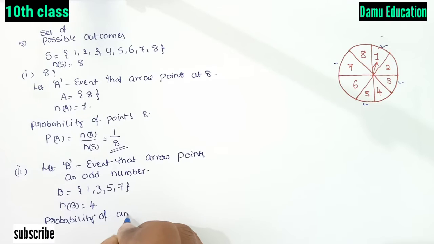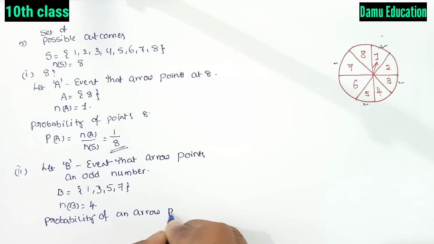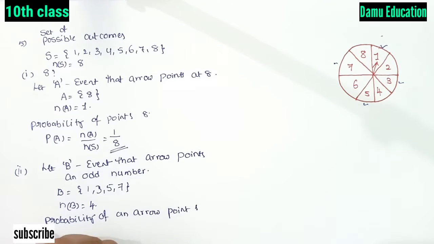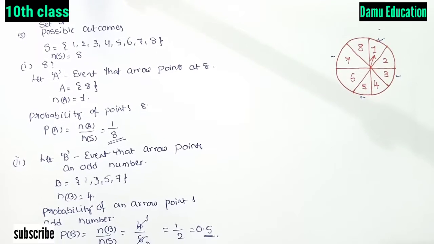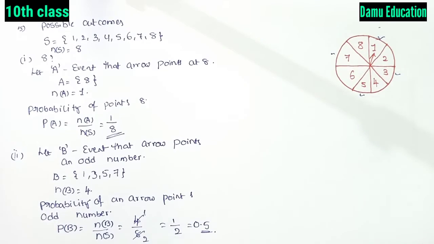The probability of the arrow pointing at an odd number, P of B, is n of B by n of S. n of B is 4, so 4 by 8. 4 ones are 4, 4 twos are 8, so that is 1 by 2. We will get 0.5 as the probability. So this is the way to find it.